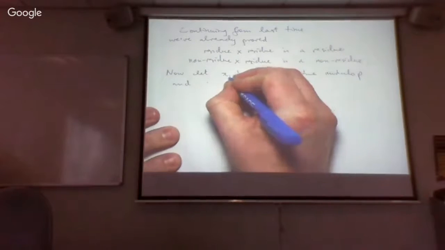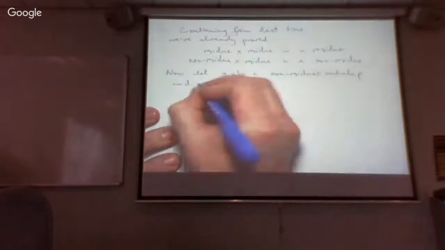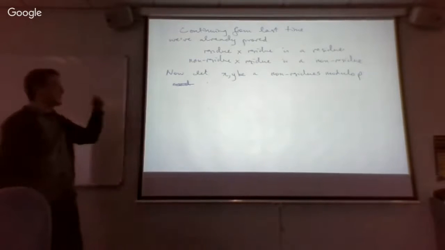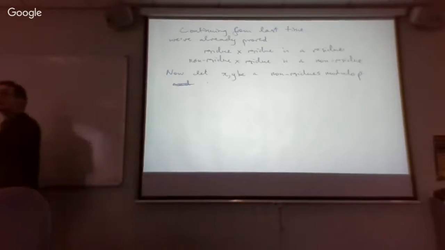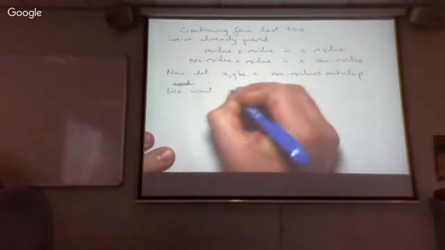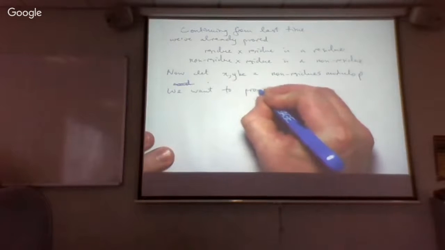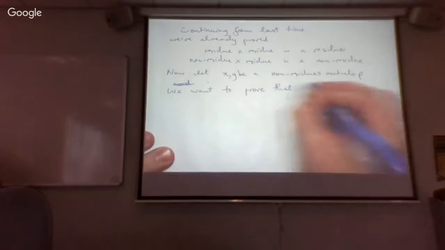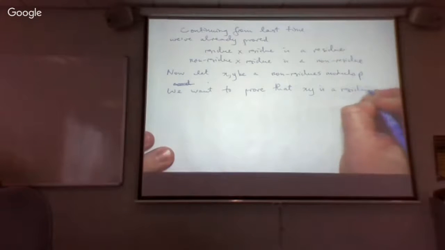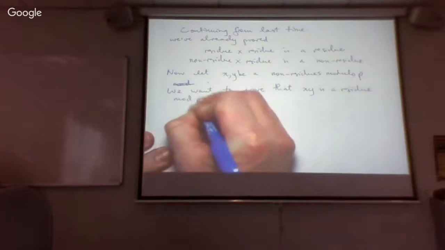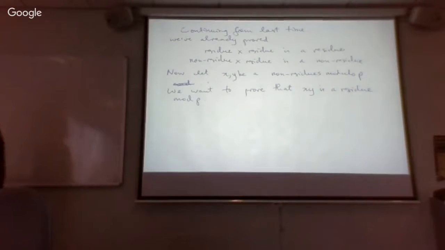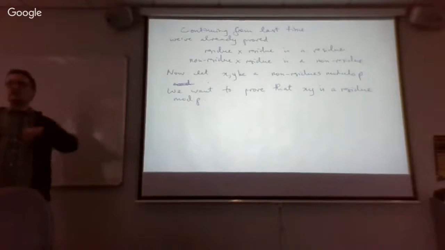I'll let x and y be non-residues modulo p. What we want to prove is that x times y is a residue. Okay, but on the face of it, it's not so easy just to jump in and prove this directly like we have the other ones.